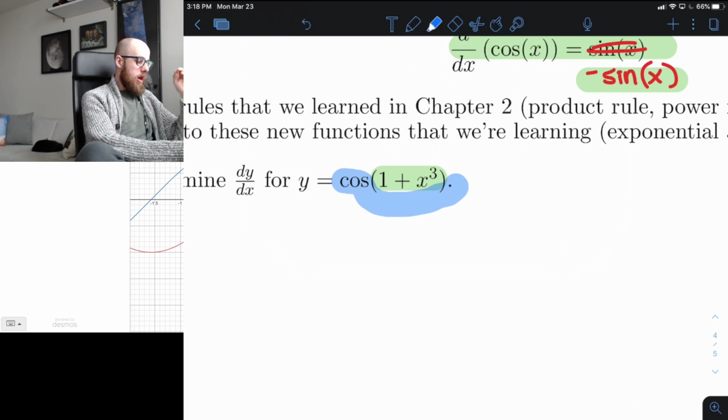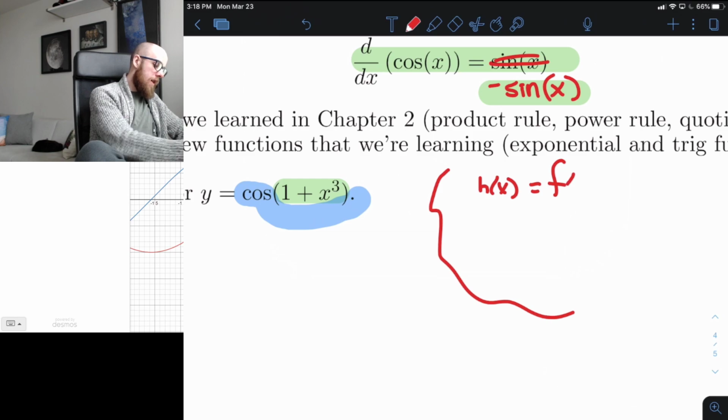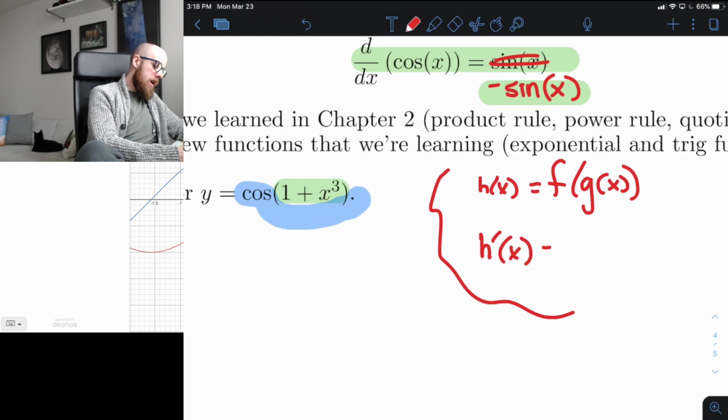So the way that chain rule works, if you guys remember, is if I have a function h at x equals f of g of x, so I have a composition of functions, then the derivative, or h prime of x, is given by f prime.